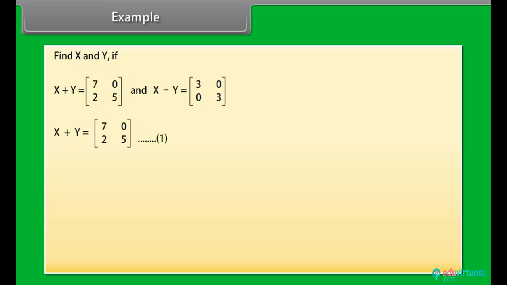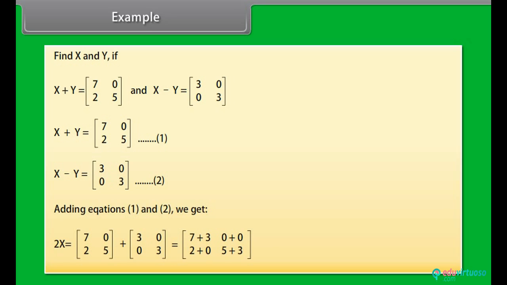Solution: given X plus Y and X minus Y, mark them as 1 and 2. Now add the equations 1 and 2, we get 2X is equal to the matrix, row-wise: first row 10 0, second row 2 8. Therefore, X is equal to the matrix, row-wise: first row 5 0, second row 1 4.